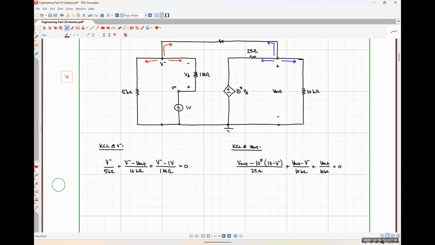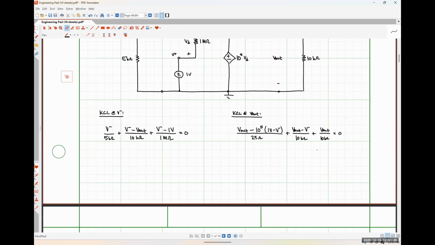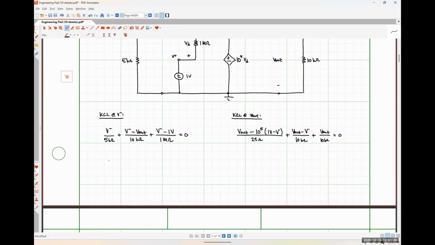So I've got a simple system of equations here, two equations and two unknowns, V out and V minus, and so I can just solve this system. So solving this system of equations for those two quantities gives me the result, and I'm going to carry through a lot of decimal points here, and you'll see why in a moment.